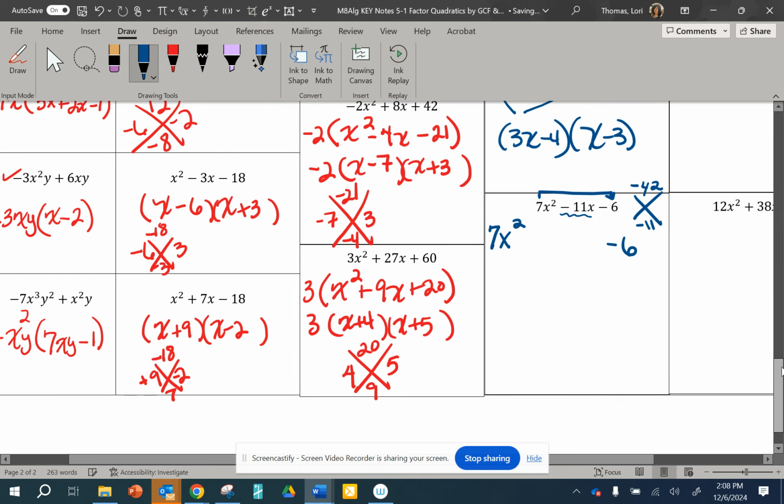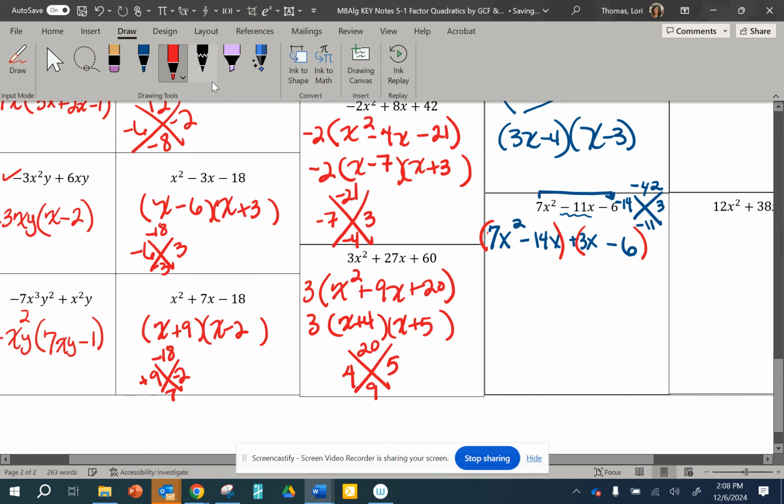Okay, so let's do 14 and 3, and we need a negative on the 14. So we're going to rewrite negative 11x into negative 14x plus 3x. Now we're going to group the first two and the last two, being very neat and organized.